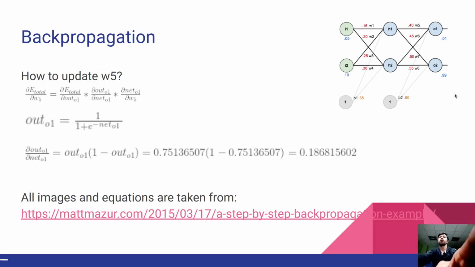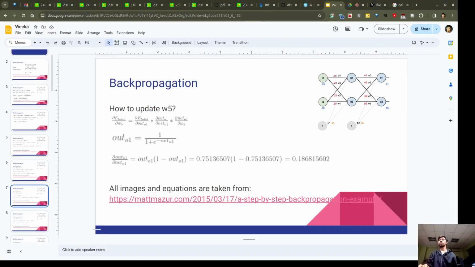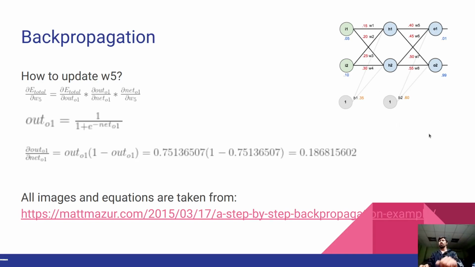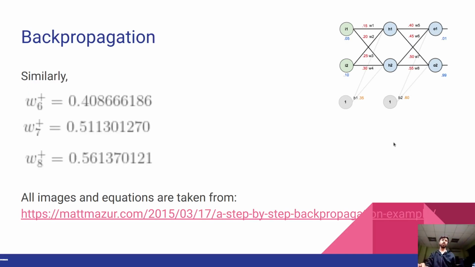So, till now we have done this with respect to the last layer, W5 and W6. If we do it with respect to W1 and W2, it is a little more complicated, because W5 is connected to O1, but W1 is connected to H1, and H1 is connected to multiple things, O1 and O2. So, how to do this?